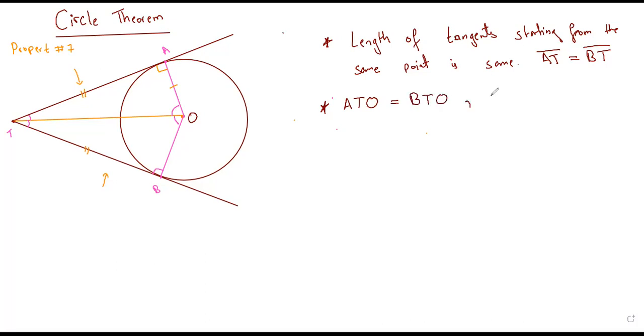Similarly, the angle AOT is equal to the angle BOT. And the fact that the angle between the radius and the tangent is 90, we discussed yesterday, so we know that already. This is the idea about this.